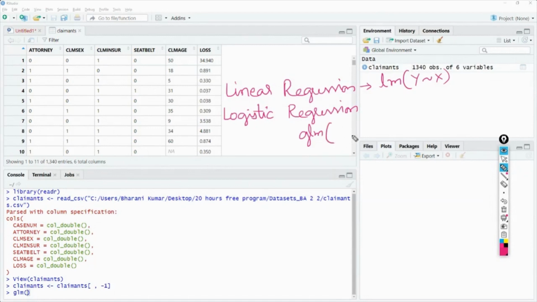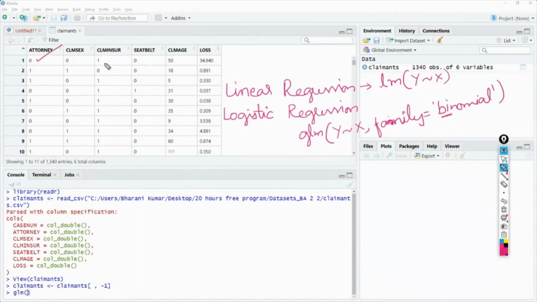You write it as GLM, generalized linear model, of the same y tilde x, comma, and you also say family is equal to binomial.